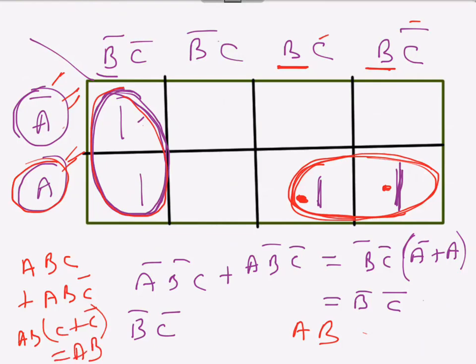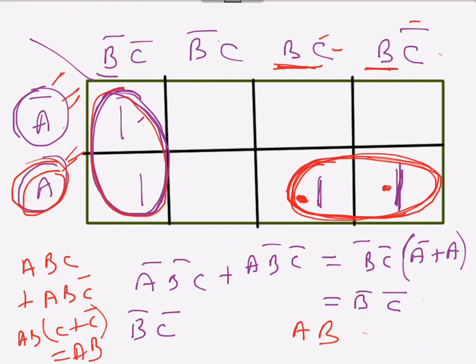This is exactly what the K-map is doing instead of going into the algebra. It just forms a group here, which gives A, which is common, and B. The things that are not changing or staying the same come in the expression, while what is changing, C, C bar, wouldn't come.